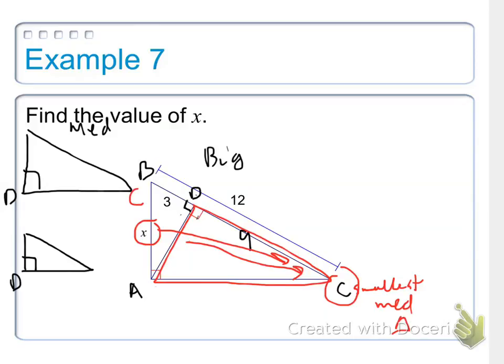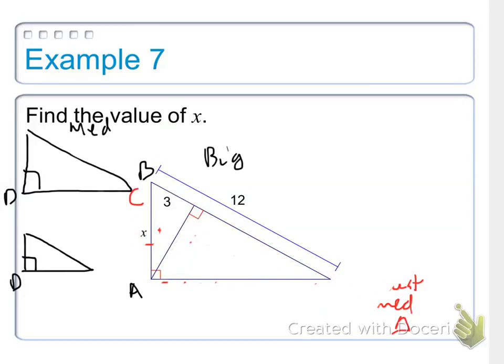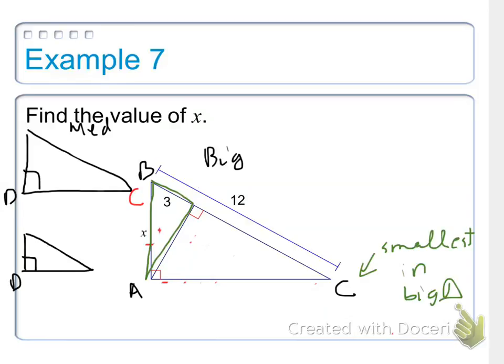Okay, so let me erase all this. Okay, let's do it in green now. Okay, in the small triangle, remember, over here, I erased something here. There was the angle C. So in the big triangle, we already know C is the smallest, because we did it last time.